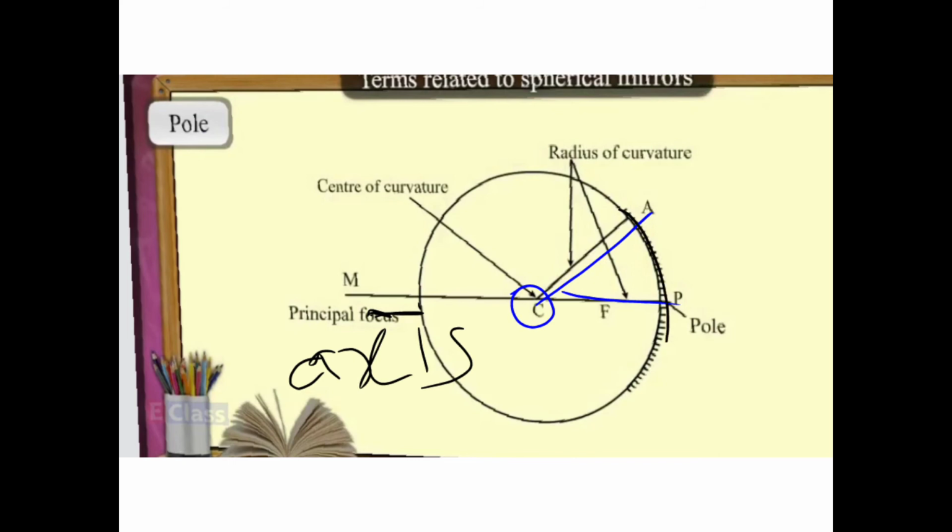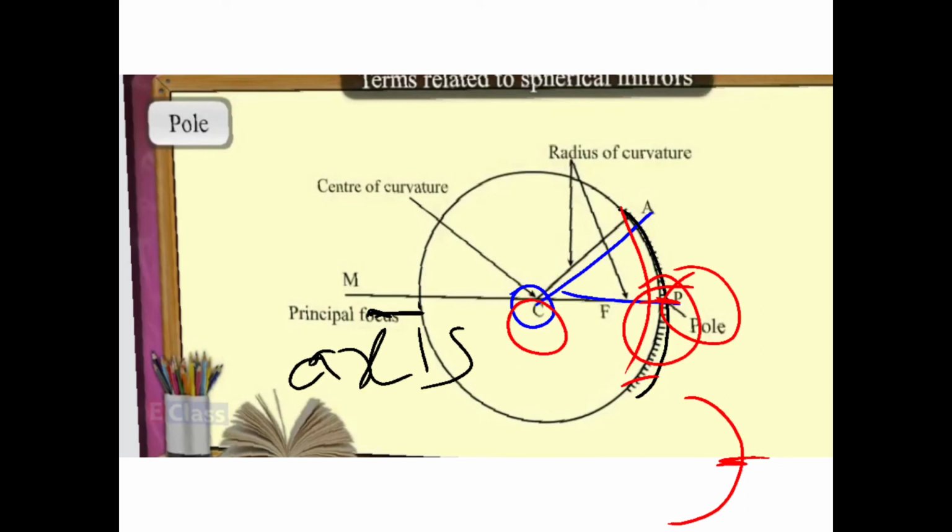Children, this is the mirror. उसका जो center part होगा ना roughly, that is called the pole. So if this is the spherical mirror, then this must be the pole, its center. And the line joining this pole and the center of curvature of the mirror is called the principal axis.